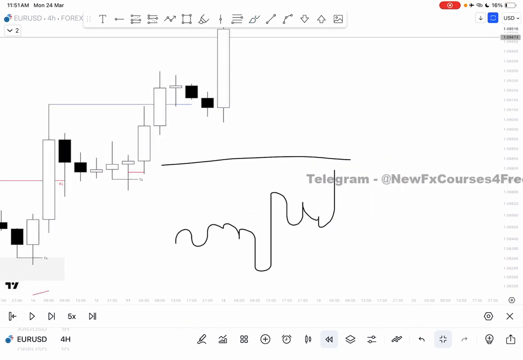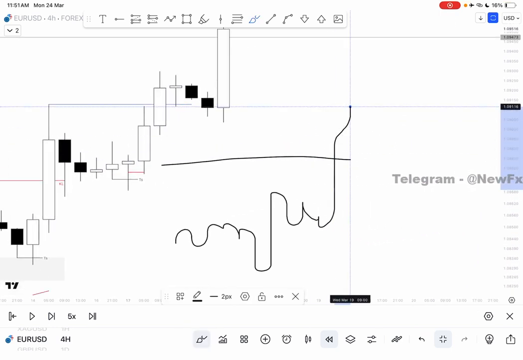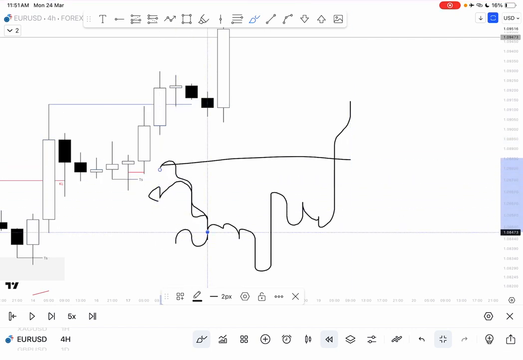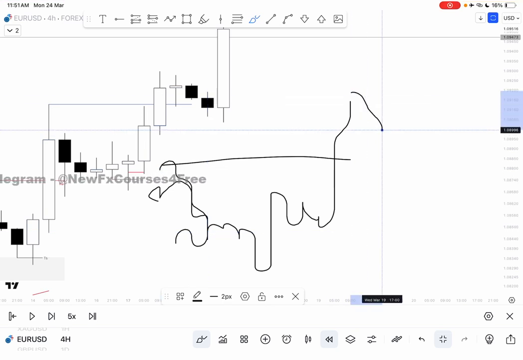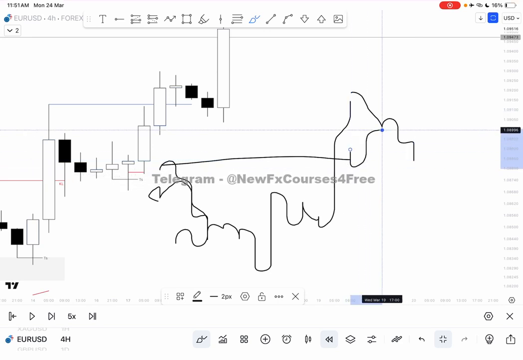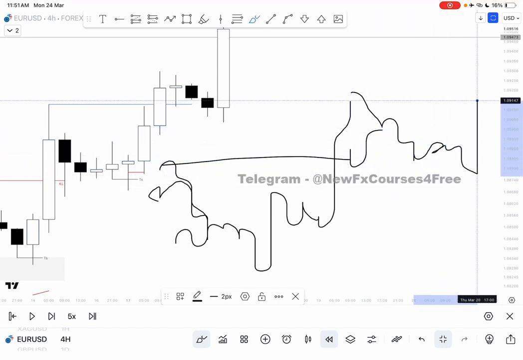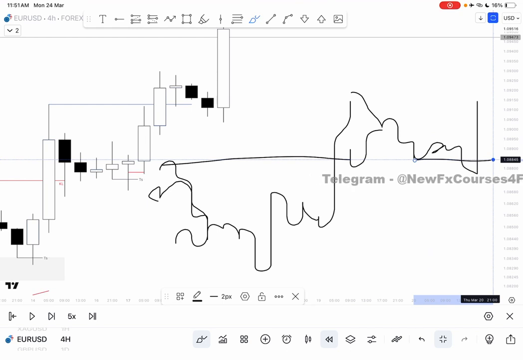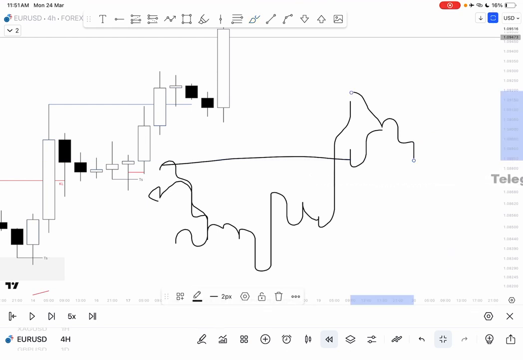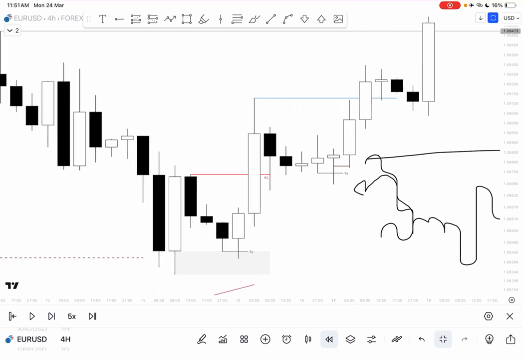That's your draw on liquidity. Price breaks through this. Let me say there was a little structure here, breaking through the draw on liquidity. When price retraces back, this draw on liquidity can be used as a key level to actually push price higher. As you can see here on this chart here.